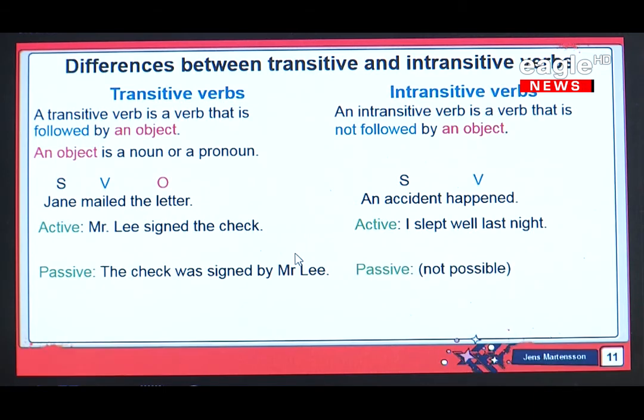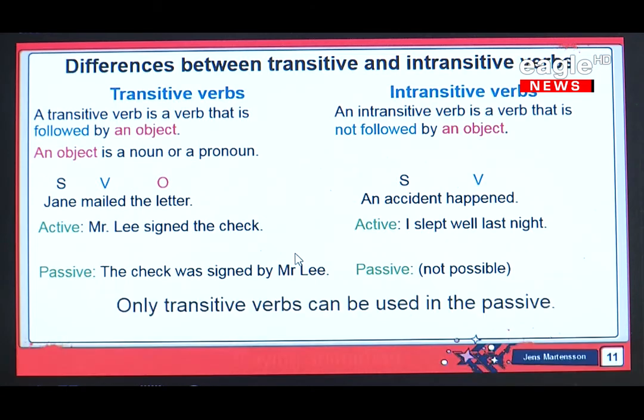In the passive voice, not possible because there is no object. So, only transitive verbs can be used in the passive. Now I will translate into Mongolian.